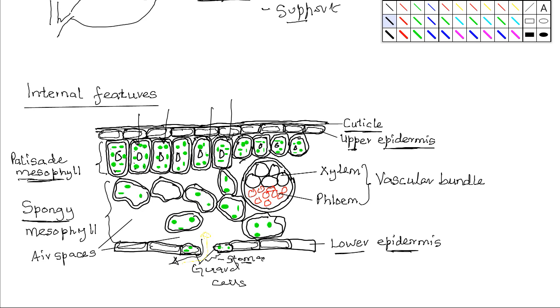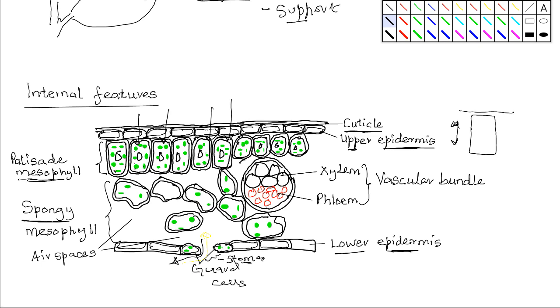But with this arrangement, there is maximum light absorption. Another adaptive feature of the palisade mesophyll is that the cells are tightly packed so as to trap most of the incoming light.